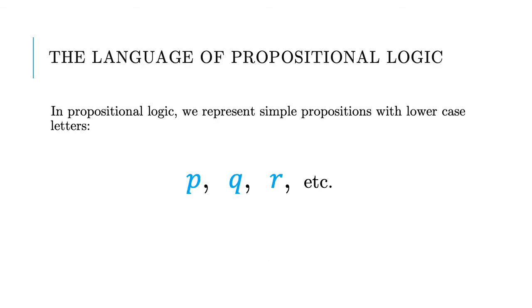In propositional logic, we typically represent simple propositions, atomic propositions, with lowercase letters for convenience. By convention, we'll begin with P, Q, R, and so on, and we'll avail ourselves of other portions of the alphabet if we run out.